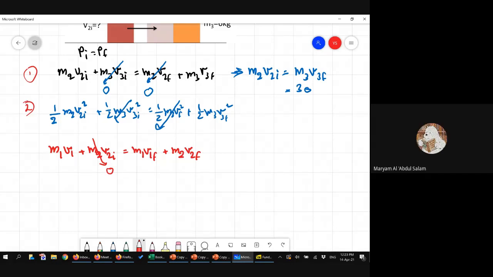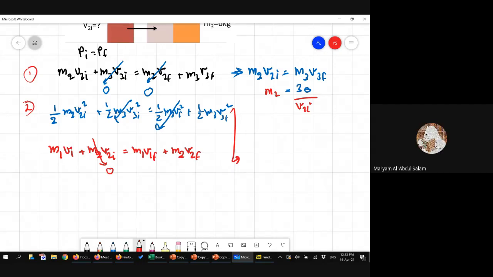Yes. Okay. Walk me through it. So from the first equation, we know that M2 is equal to 30 divided by V2 initial. Then we substitute the value of M2 in the second equation. We can find the V2 initial.